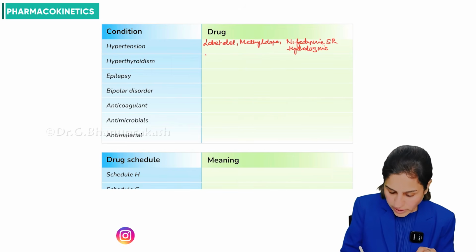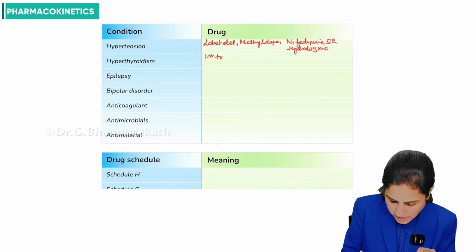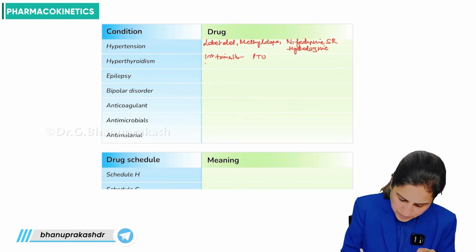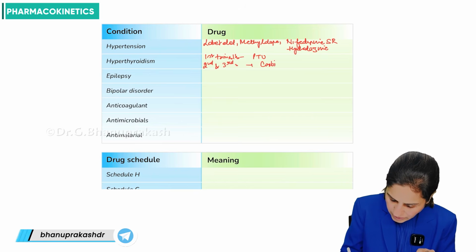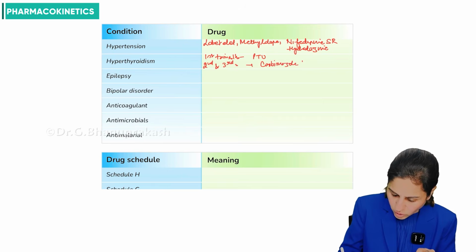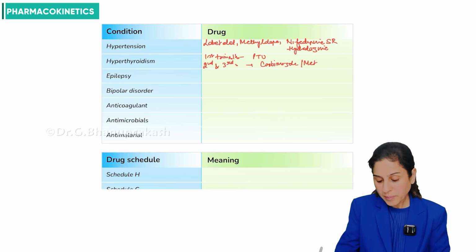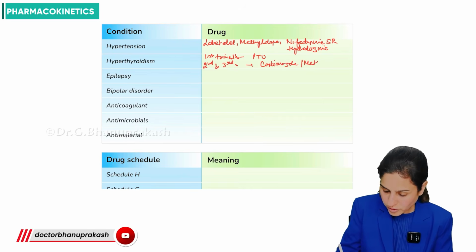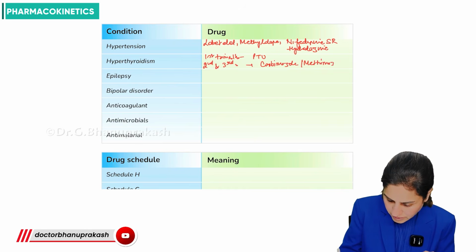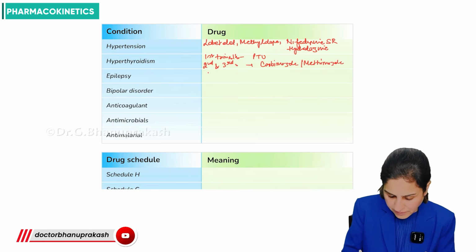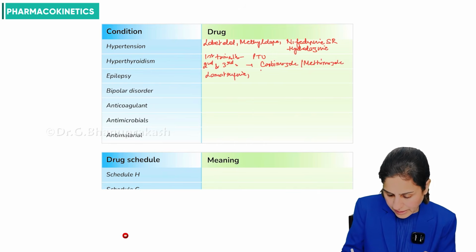For hyperthyroidism, in the first trimester we use propylthiouracil, and then in the second and third trimester we can use carbimazole or methimazole, because propylthiouracil is hepatotoxic, we can't use it long term. Epilepsy, we have lamotrigine and levetiracetam.